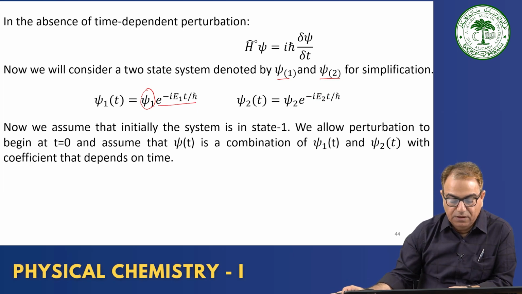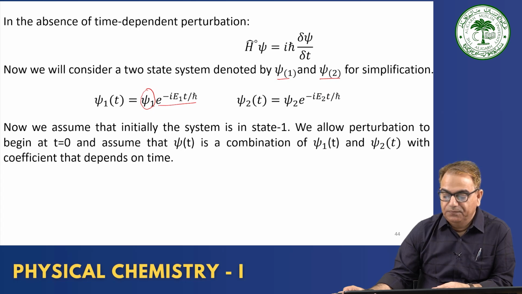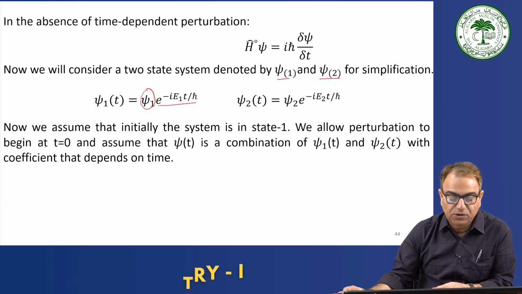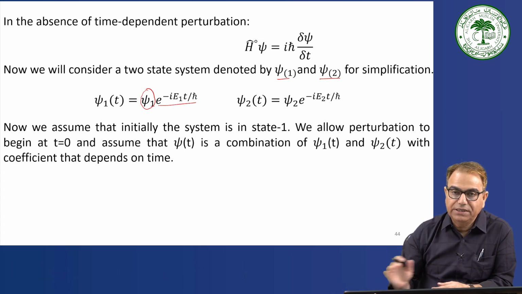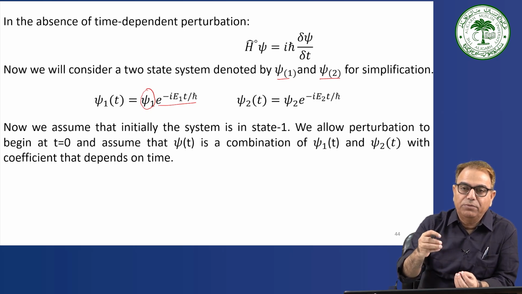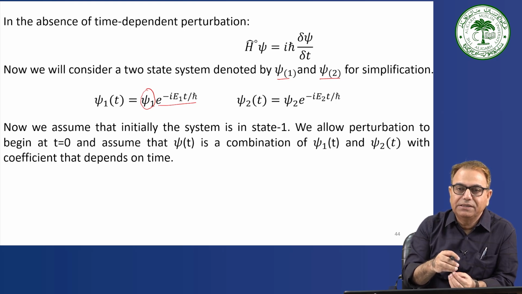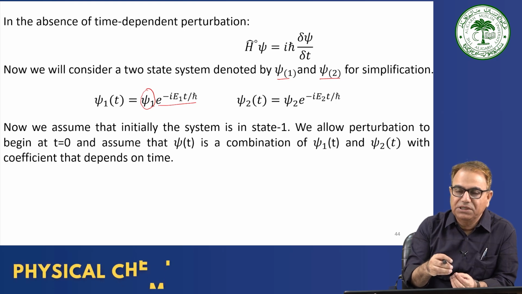Now we assume that initially the system is in state 1. We allow the perturbation to begin at time t equal to 0. Here the perturbation is because of the electromagnetic radiation which is falling on the system. When this radiation falls on the system, it causes a perturbation because it interacts with the system, and this interaction is because of the dipole moment of the system. So that perturbation we saw.